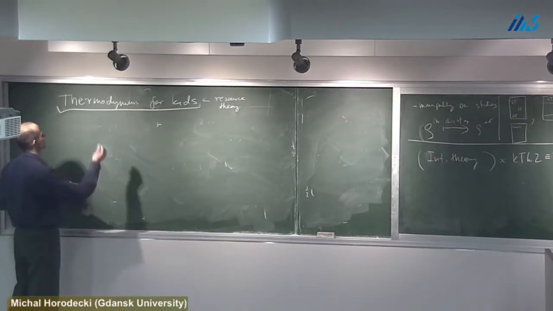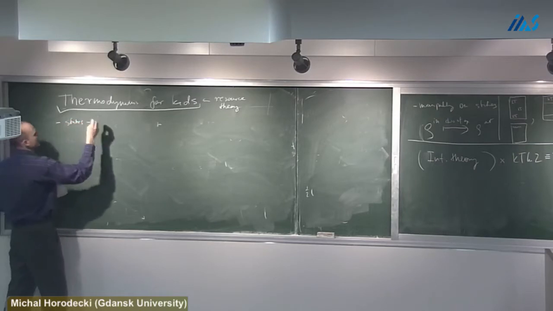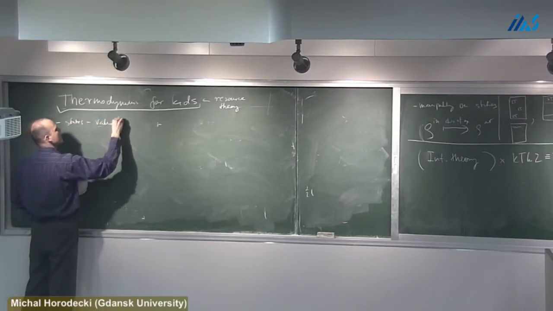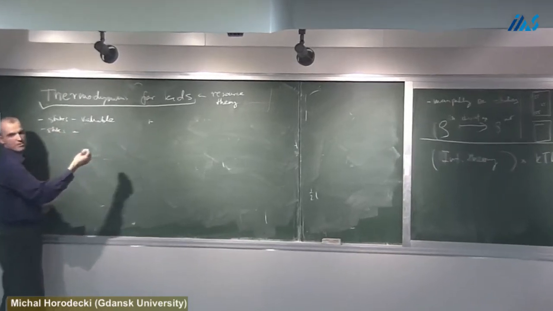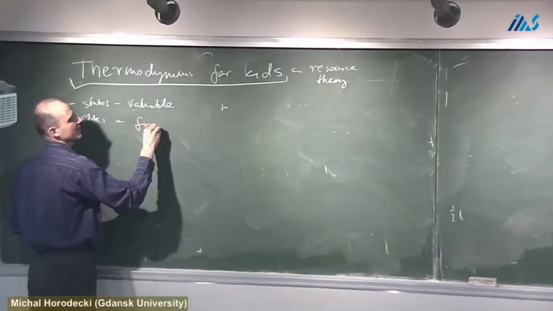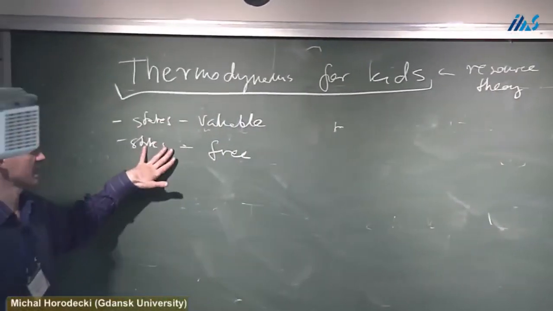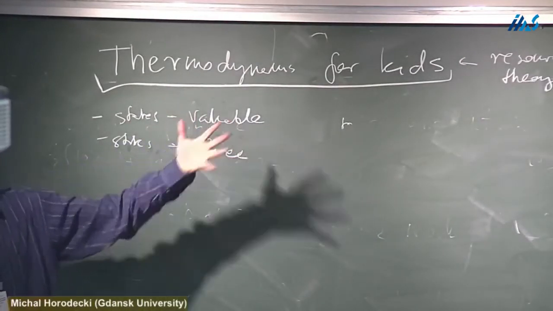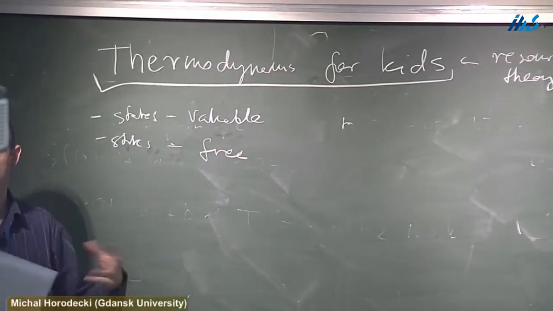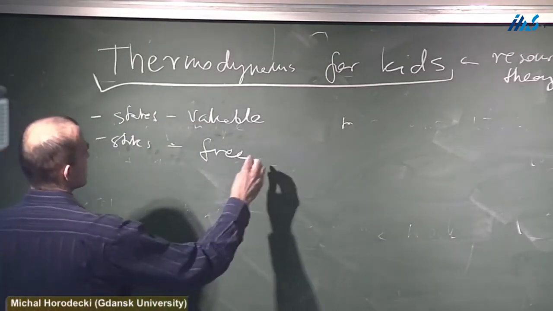What does resource theory mean? This means that you have some states that are valuable, and you also have some states that are not valuable, and they are free: you can have as many systems in these states as you want. The valuable states you are given, and then you can only manipulate them. You can maybe change them, maybe degrade them, but you cannot bring in new ones.